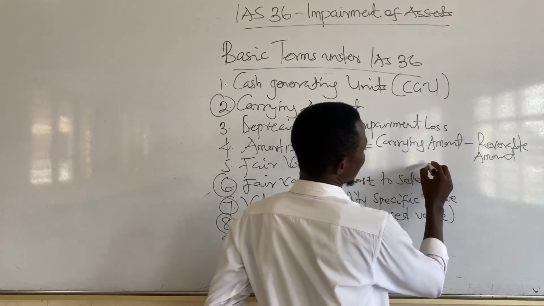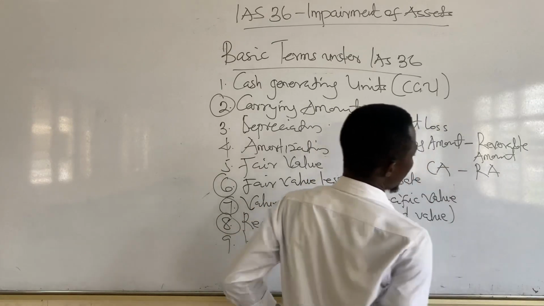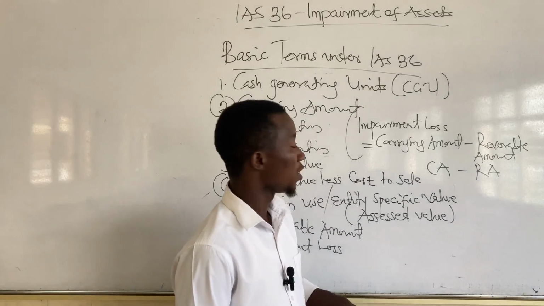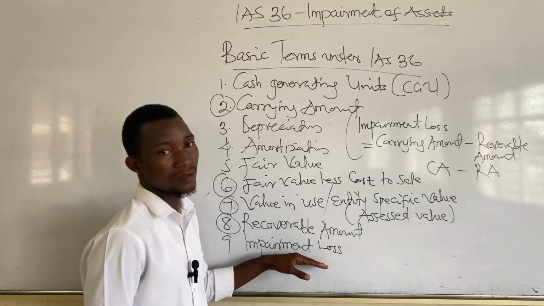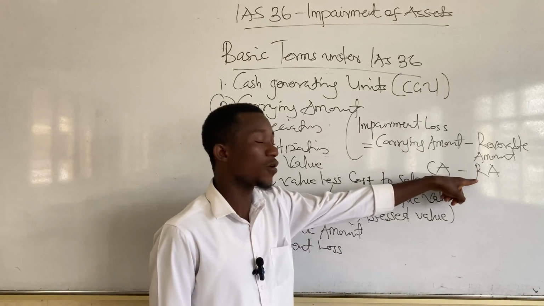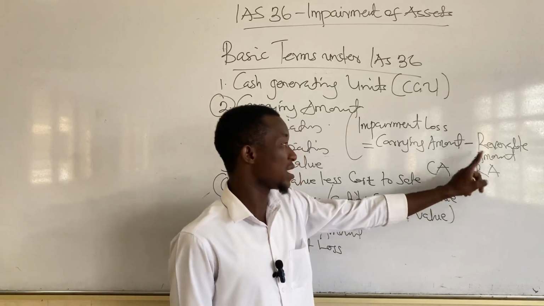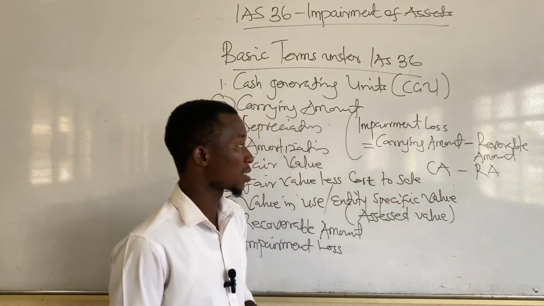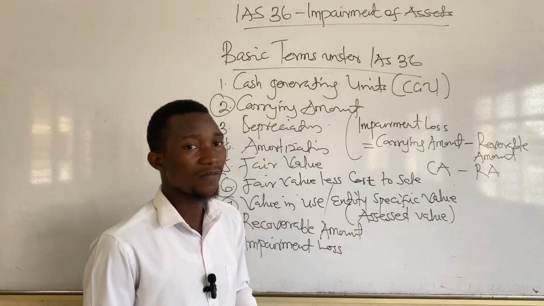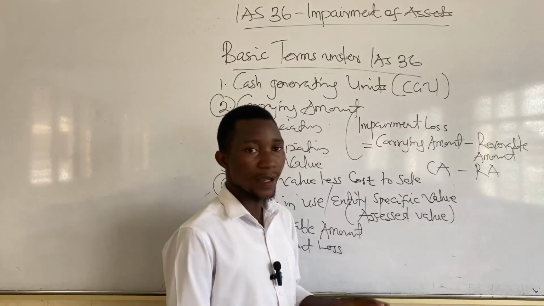So I can say that carrying amount, CA, minus recoverable amount. If the answer is positive, we call it impairment loss. That is the excess of the carrying amount of the asset over its recoverable amount. But if the recoverable amount exceeds the carrying amount, we don't have something like impairment gain. We don't have it. So there is no impairment.